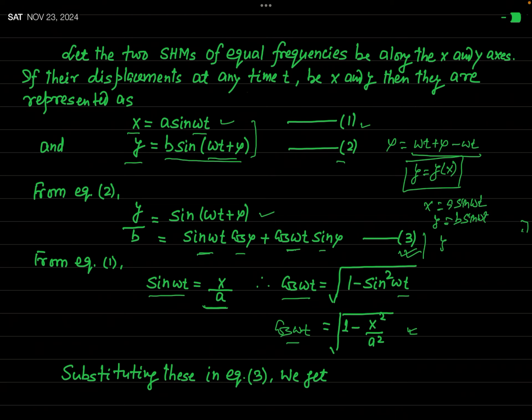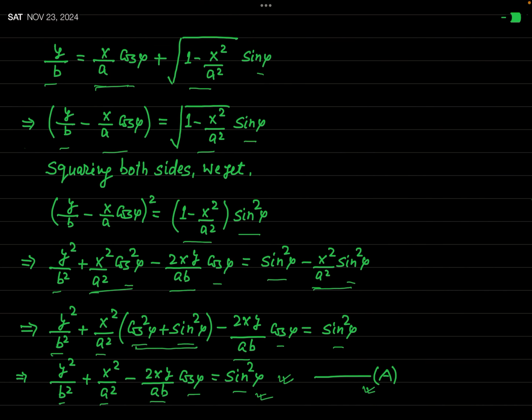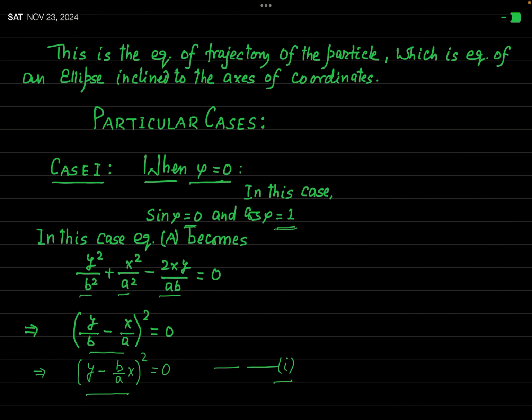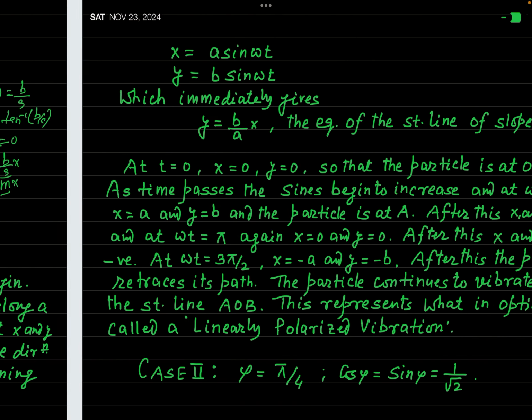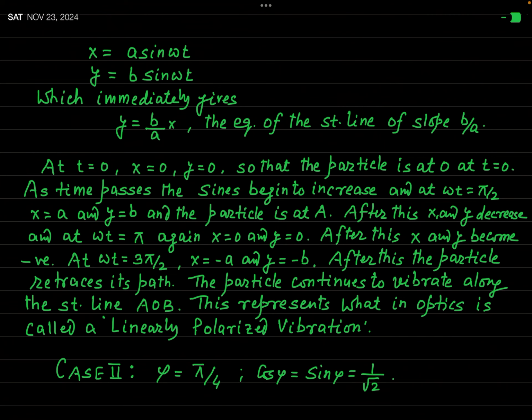So you can see from here that y over x is simply equal to b over a, and y equals b by a times x. So taking phi equal to 0, you can immediately get the equation of the straight line, which is y equal to b over a times x. Okay, and from this you can now find the direction of motion.